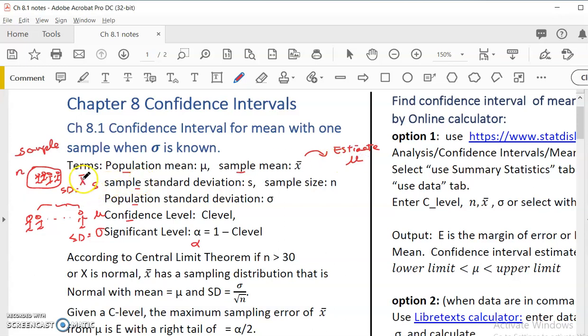Of course, you cannot just say x bar is equal to mu because it would change every time. And also your sample size usually is smaller. So how can you be confident that x bar is exactly mu? Mu is just one number. But we know x bar varies, and it varies in a certain way.